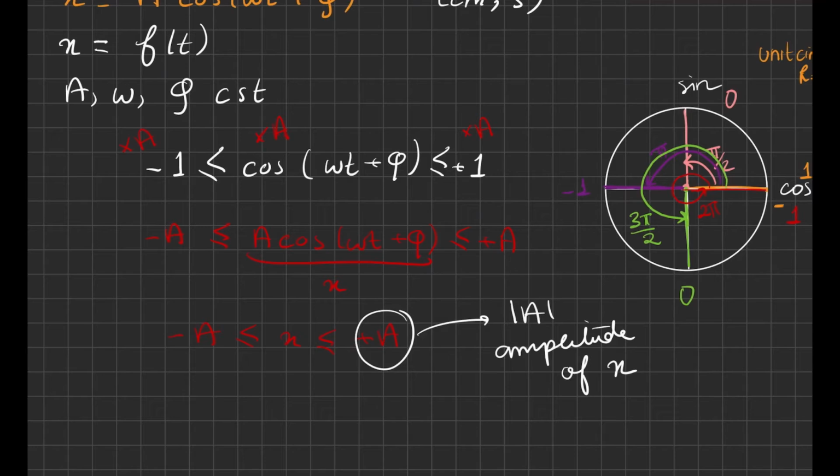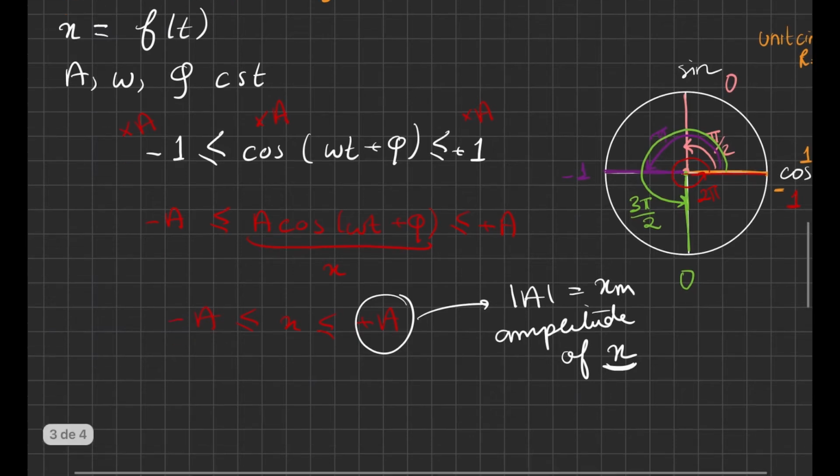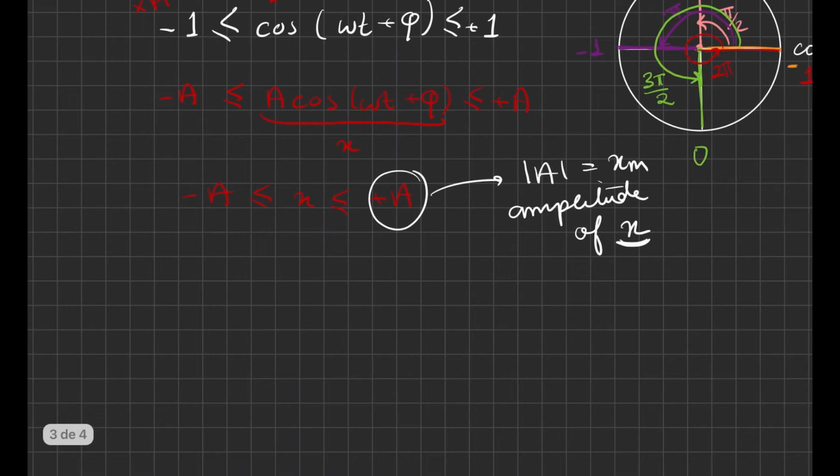Now we learned the meaning of this a, and since it's the amplitude, it would be the maximum value, so we're going to call it xm. Okay? Now you can see what the meaning of xm is. xm is just the amplitude. Let me write it down in a nice way.